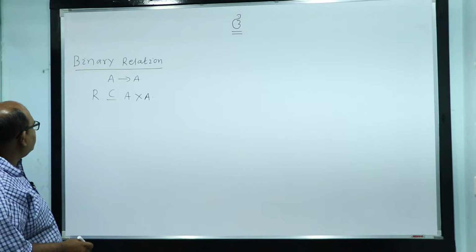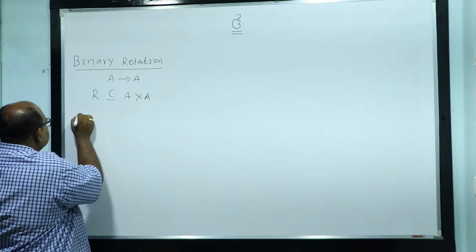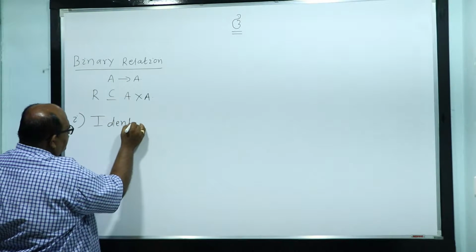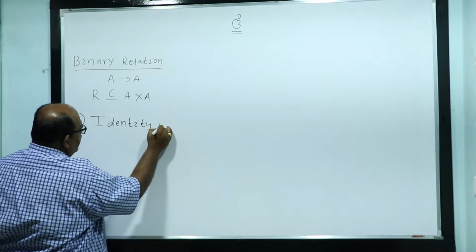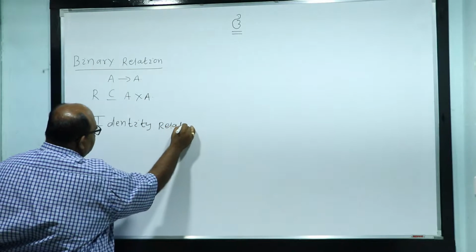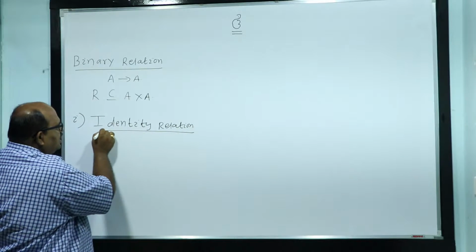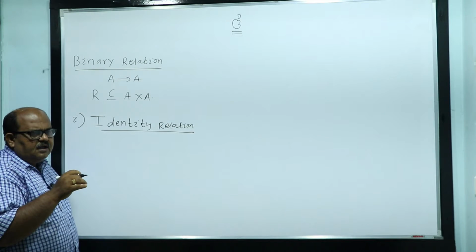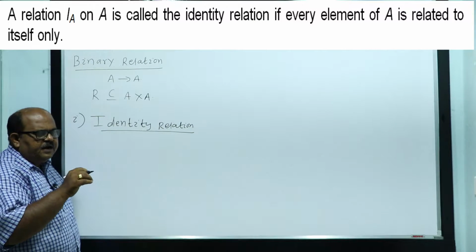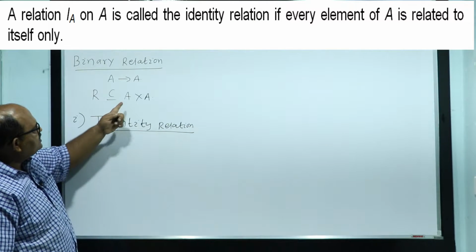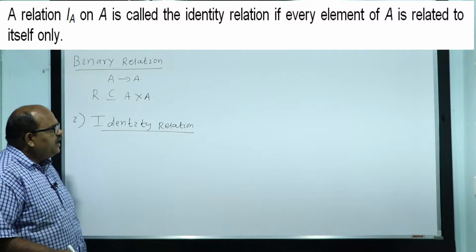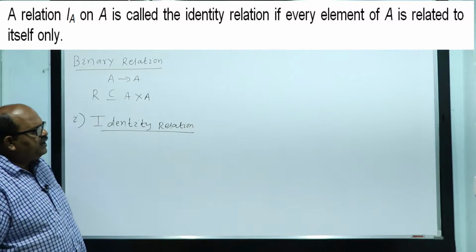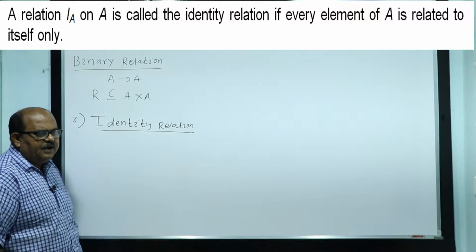In types of binary relations, first is coming identity relation. Identity relation, a very interesting relation. Listen to the definition carefully. A relation is called identity relation on set A if every element of set A is related to itself only.